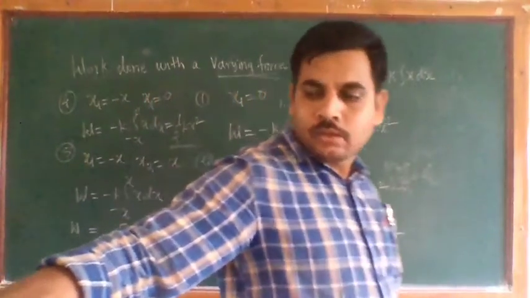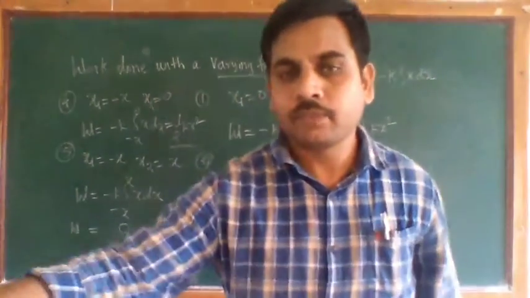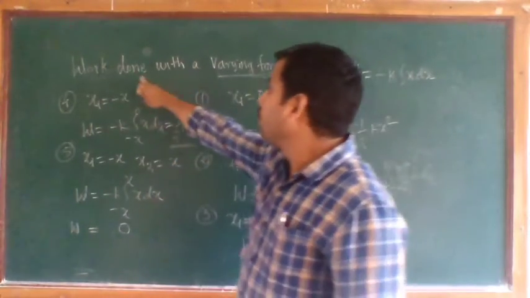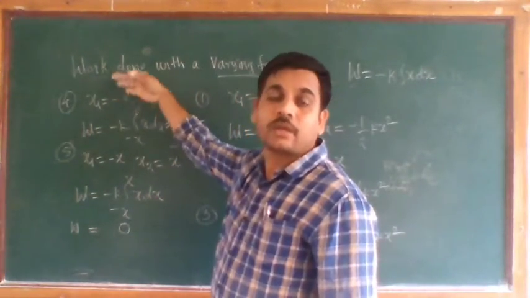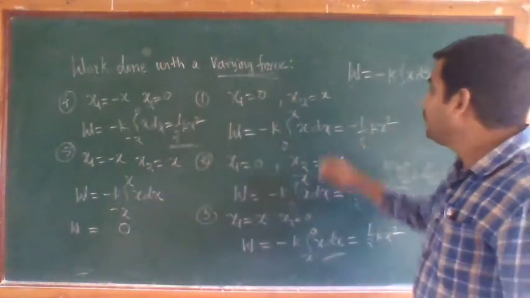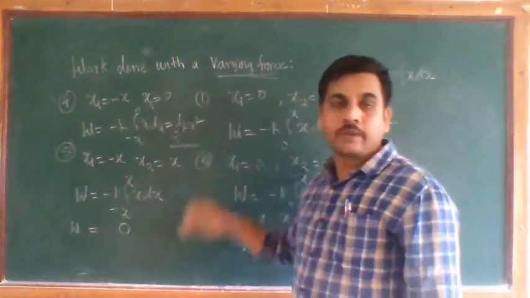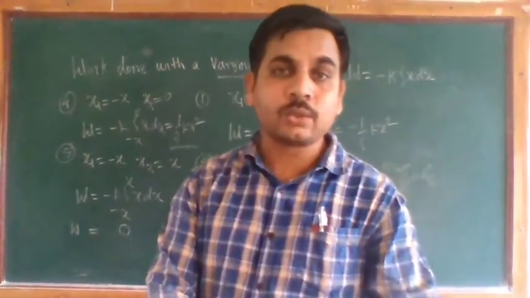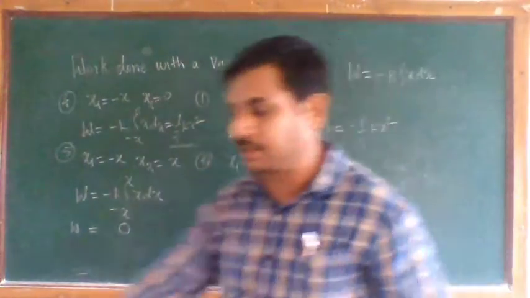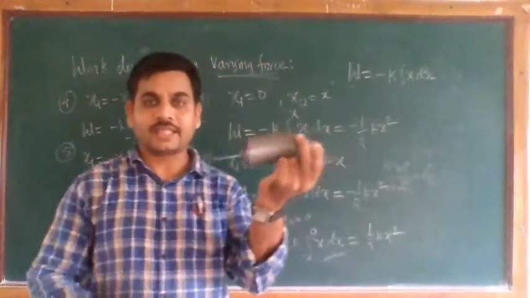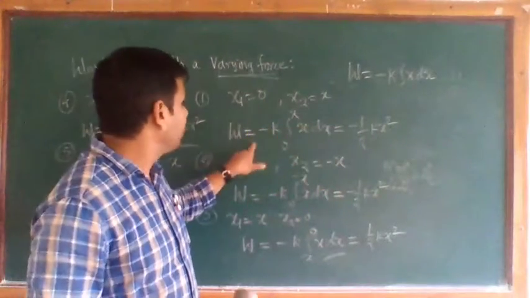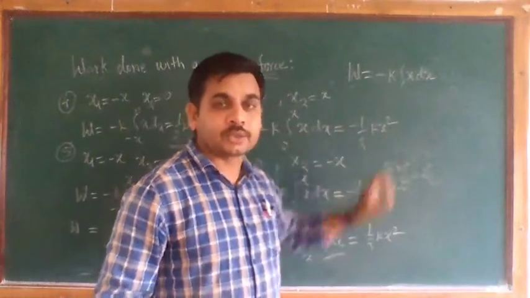So here we studied the five conditions, where we can calculate work done with a varying force. In the first condition, x1 is at the natural state and x2 is in the stretch condition, and you get work done minus 1/2 kx square.